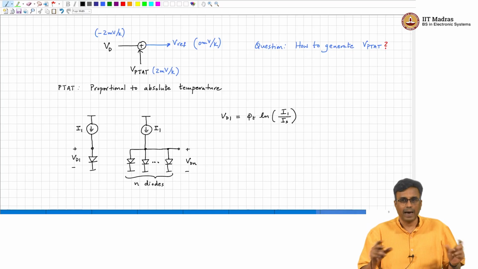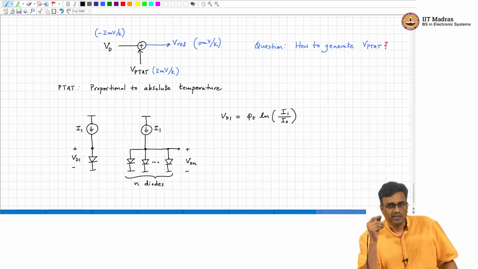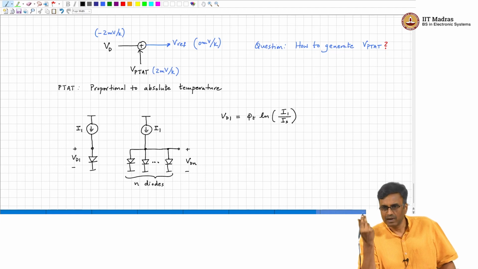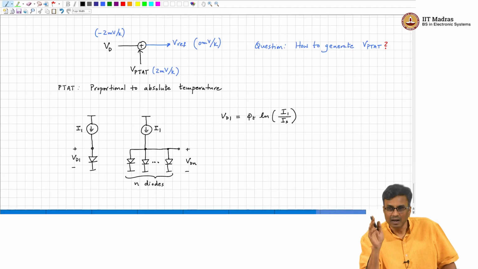N diodes connected in parallel. What will the current be that flows through each one of these N diodes?